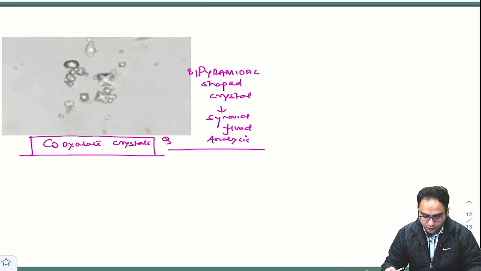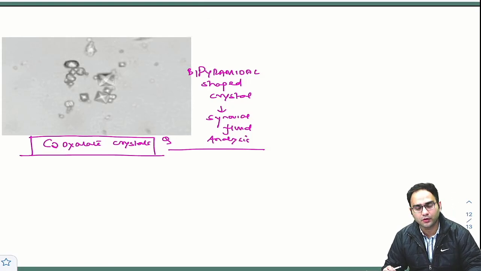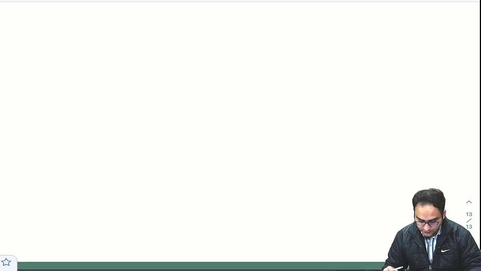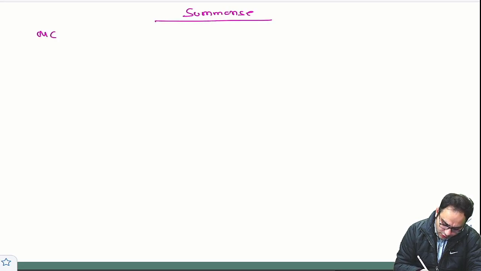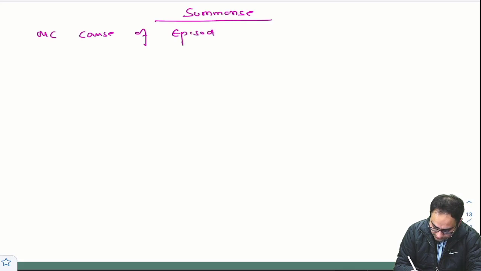So we basically come to the end of this module on crystal induced arthropathies. So let's summarize what we have read here. They form the most common cause of episodic arthritis, right?